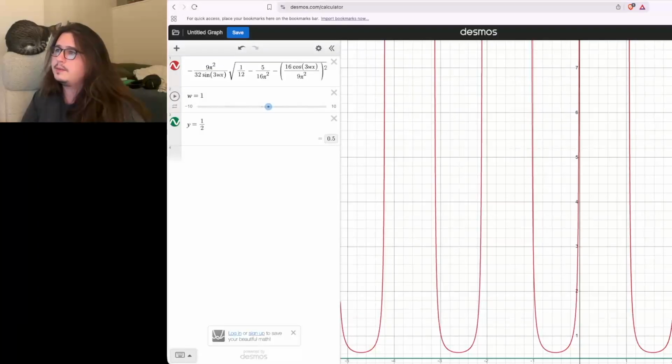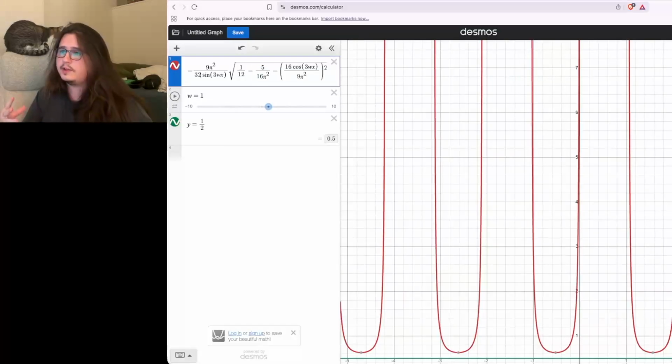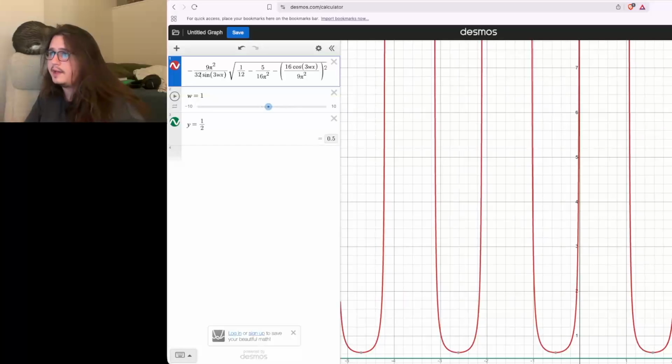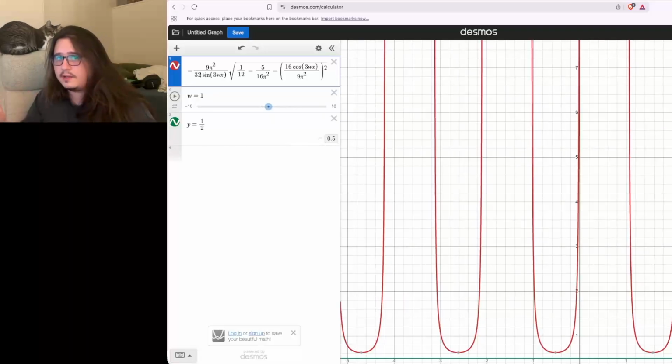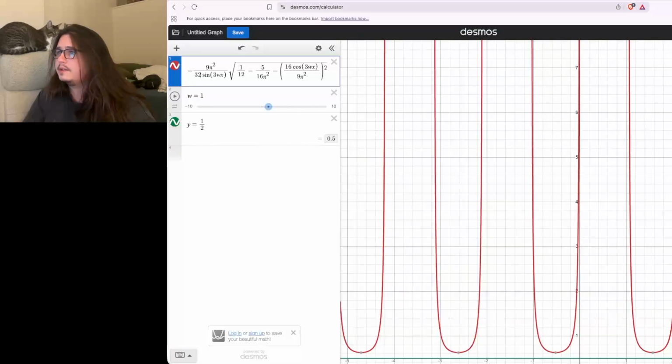So I've got my Desmos window up. This quantity here, which represents the red line, is the equation that I just wrote out, except I subbed in x for t and w for omega, and then I just set a value for omega. Doesn't matter what it is.